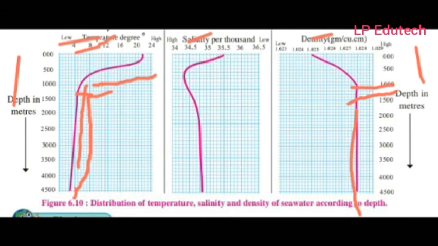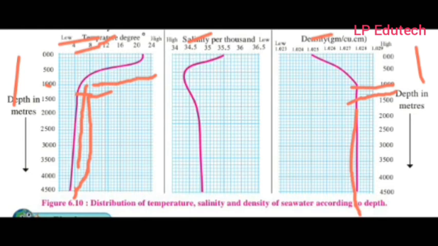After what depth does the change in these factors become almost zero? After the depth of 1000 meters, as I told earlier, it remains stable. So there is no change in these factors.